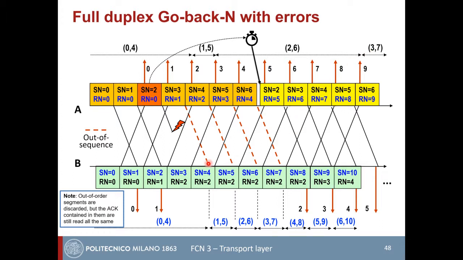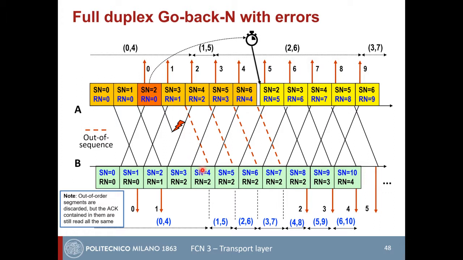Notice that when the packets are discarded because out of order, but they were received correctly, before discarding the packet, B reads into the header of the packet in order to read the value of Rn that is transmitted by A. So for instance, here you see that the packet with Sn equal to 3 sent by A has the blue Rn equal to 1.